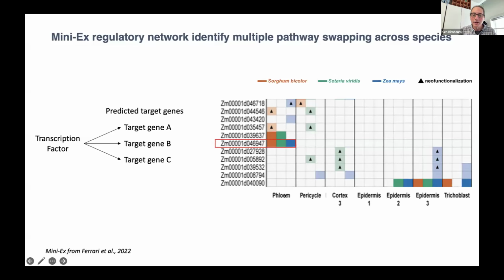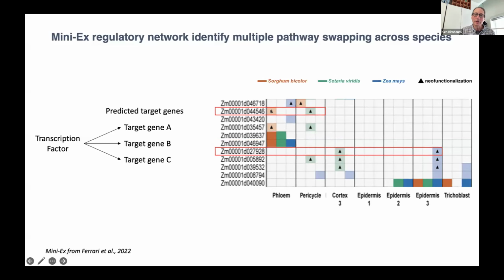And so, for example, here you see that whatever module this particular transcription factor controls, you see it in the phloem in all the three different species, sorghum, Soteria here. But what you see quite often are things like this, where you have a module in the cortex in Soteria that has moved, or is expressed somewhere else in maize, and that somewhere else in this case happens to be epidermis.